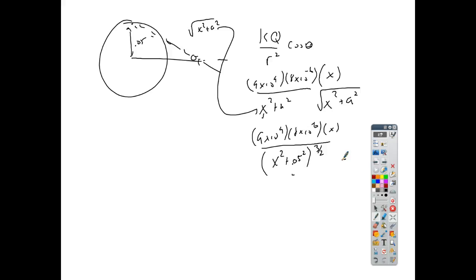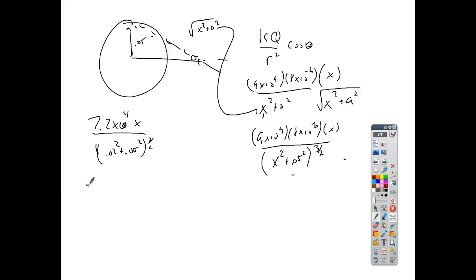What did you get? For which one? 9.22 times 10 to the 4th, 1,074. 7.2 times 10 to the 4th x over 0.02 squared plus 0.05 squared to the 3/2.